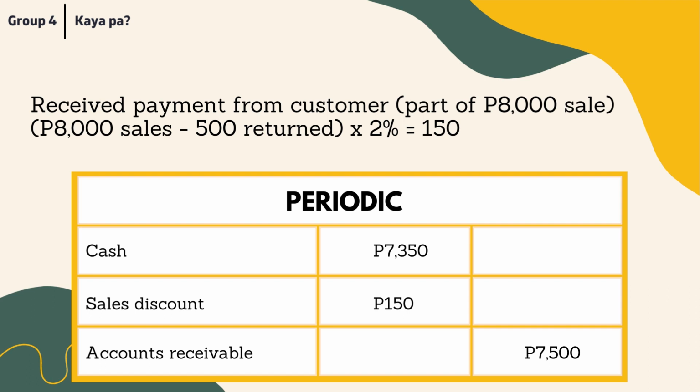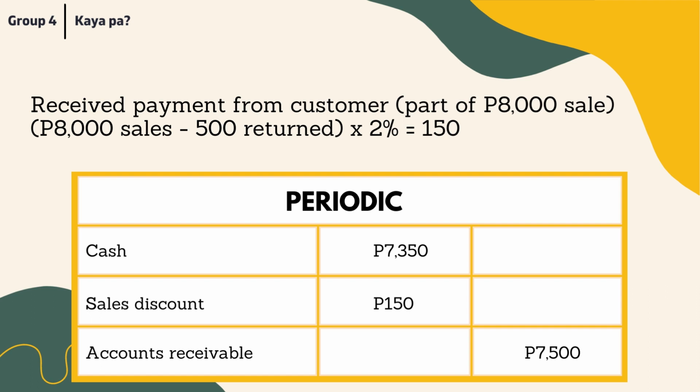So, what we will do is 8,000 minus 500, whatever the answer is, multiply by 2%. The answer, which is 150, is the 2% discount that our customer can avail of. Okay. So, this is our sales discount, right?